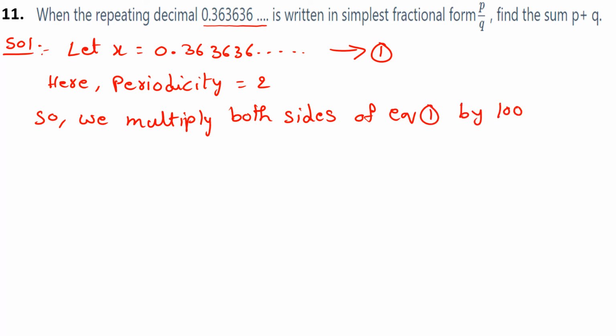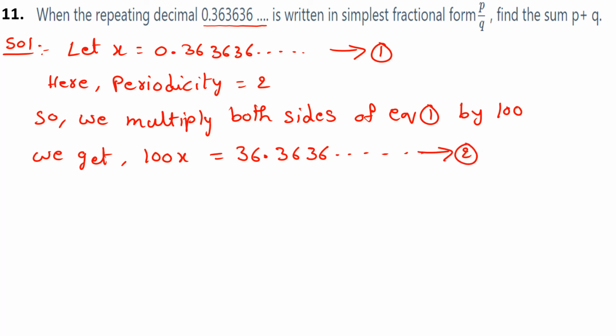Then we get 100x equals, so when we multiply by 100, the point moves 2 steps to the right, that it becomes 36.363636 and so on. This is the second equation.